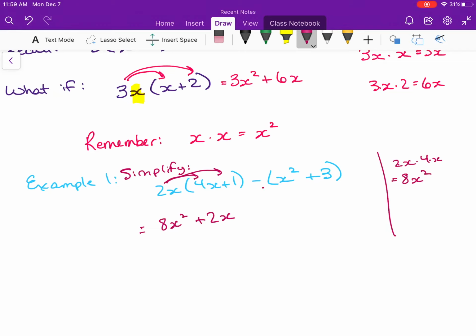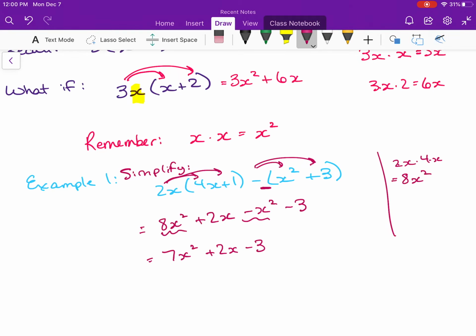Now here I actually don't have any number in front, but I do have a negative sign, which makes everything inside opposite. So I'm going to have minus x squared and then minus 3. So now we just combine the like terms. 8x squared minus x squared is 7x squared. And I don't have anything to go with the 2x, and I don't have anything to go with the 3.